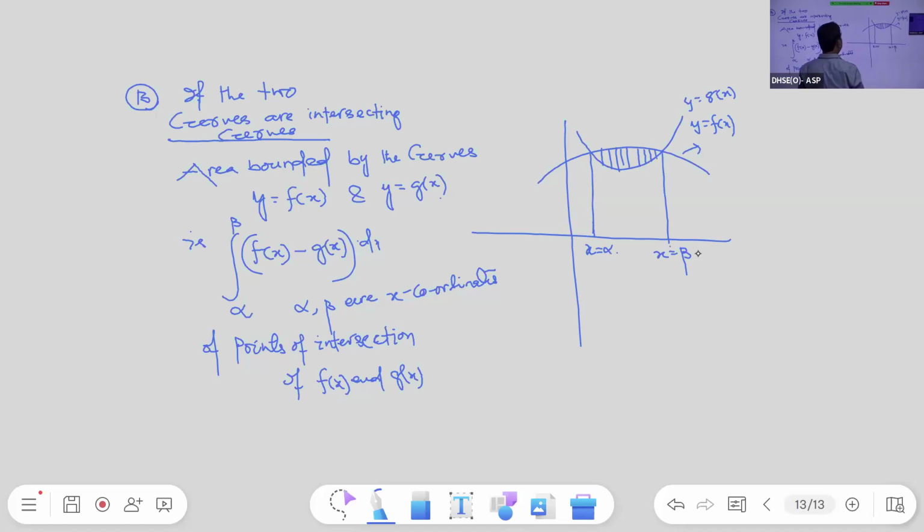So required area is equal to integral alpha to beta, upper curve f of x minus g of x dx. This is our case 2. Quickly note it.